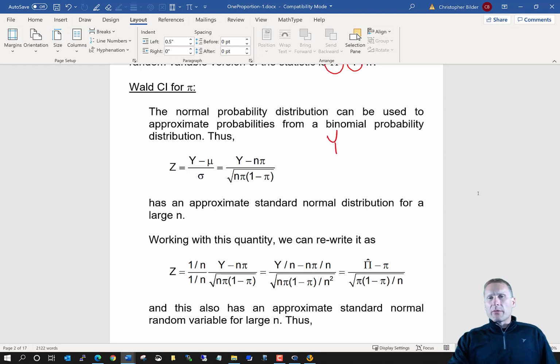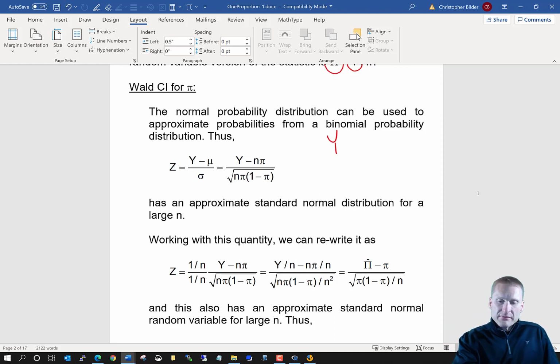Okay, so y has a binomial distribution, but one can show that y's corresponding probabilities in many circumstances can be approximated well by a normal distribution with mean n times pi and variance n times pi times 1 minus pi. And if I can approximate the distribution of y with a normal distribution, then I can use this transformation that we talked about earlier to approximate the distribution of Z with a standard normal distribution.